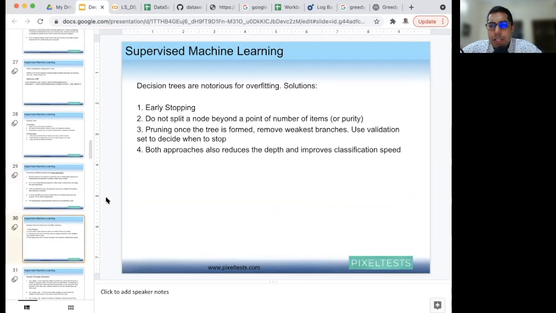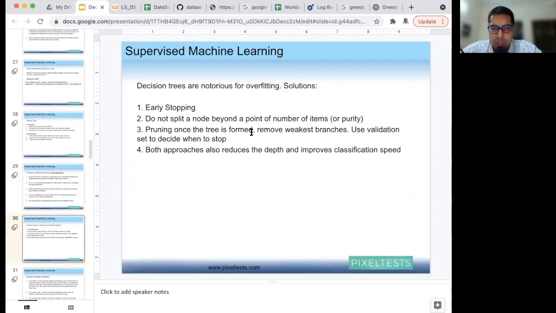Another way you can prevent overfitting is early stopping. We'll see that. Early stopping is a simple method where you let the decision tree model learn and then you just stop it. So the algorithm will learn until that point, which is good. You can also specify impurity, purity.